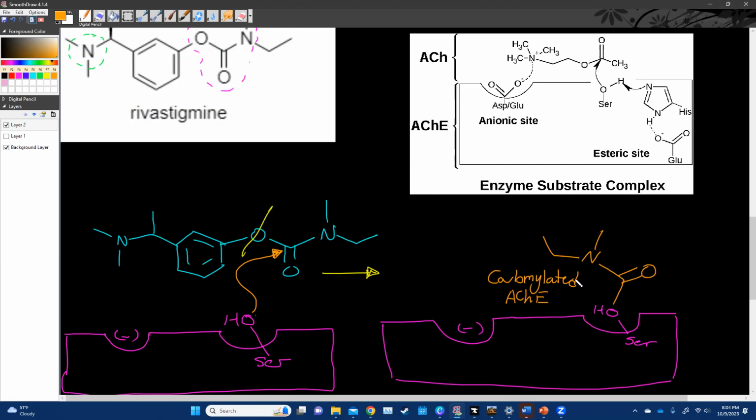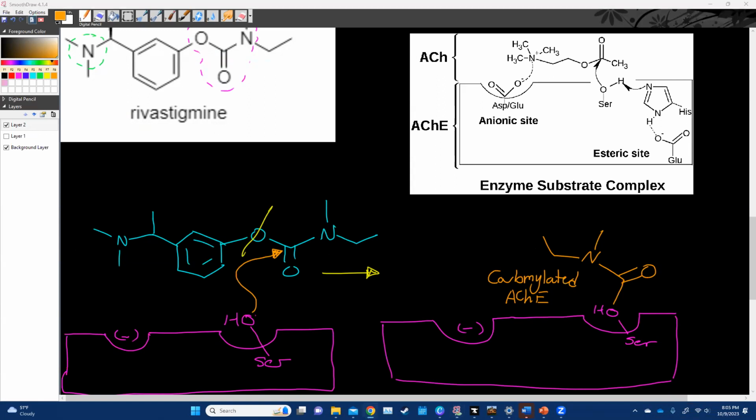So what is the important thing to understand about the acetylcholinesterase inhibitors here is that their job is to make the serine attach to the carbamate. If the carbamate does not stick, then acetylcholinesterase can do its thing.